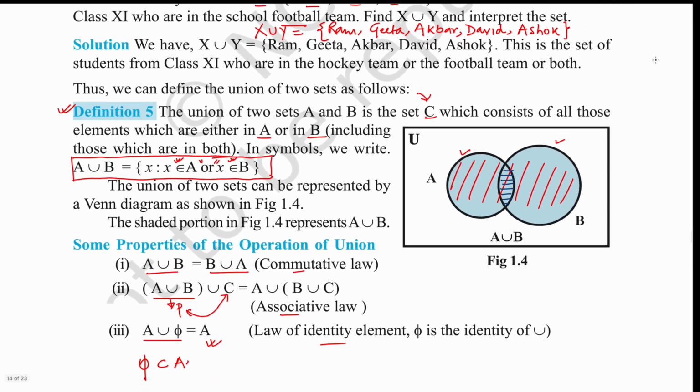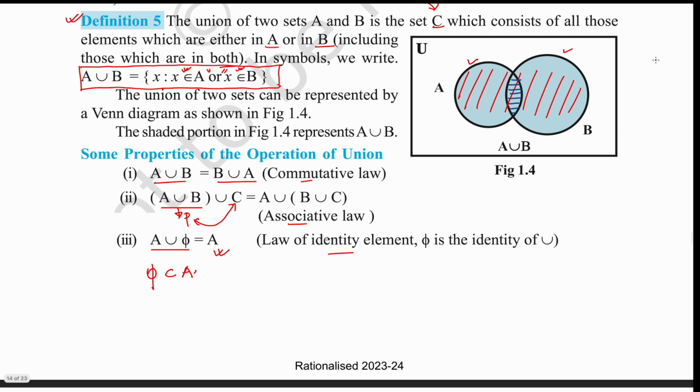So using this analogy, we can here again say that since empty set is a subset of A, so if you take A union the empty set, you'll get the set A itself, right? Using the same conclusion that we drew little while earlier.